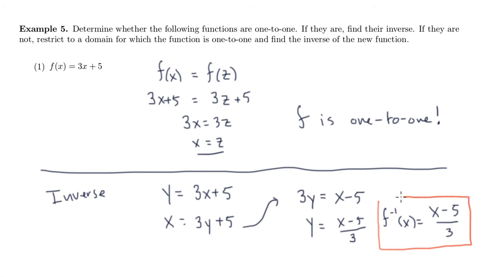And notice that if I compose these two functions, if I take f of f inverse, I get x, and if I take f inverse of f, I get exactly x. So right off the bat here, we see that this function is not one-to-one.